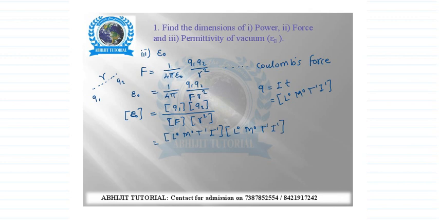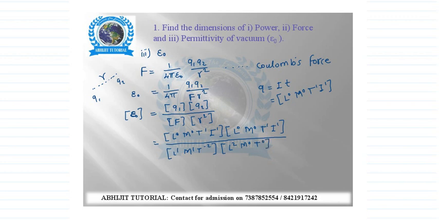For the denominator, we have the dimensions of force, which will be L1, M1 and T minus 2, as we discussed in the previous example. And for r, which is a distance, we can write it as L2 since it's r square, then M0 and T0.